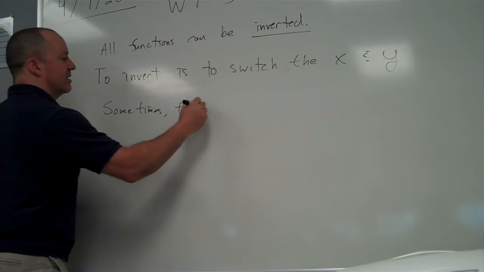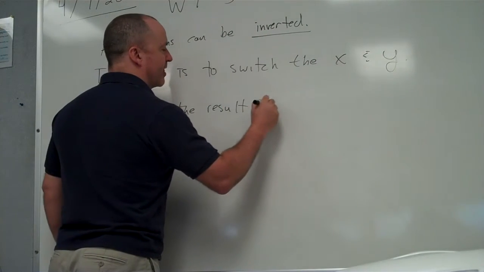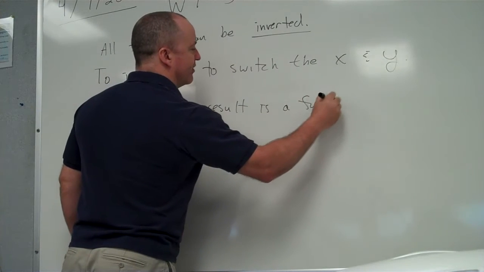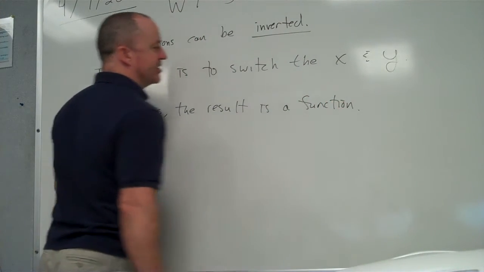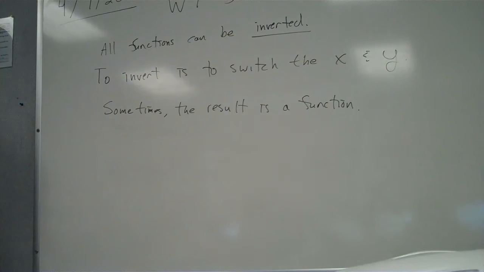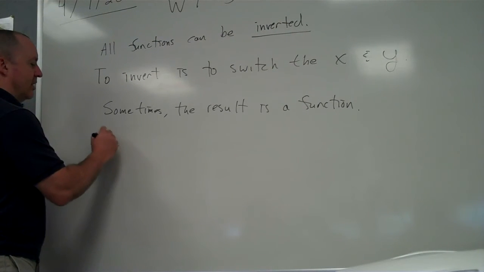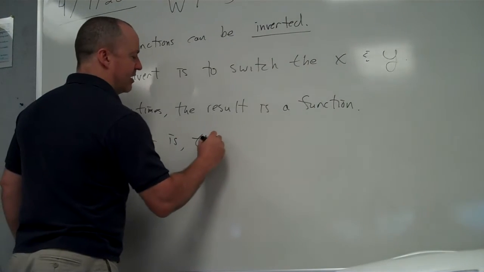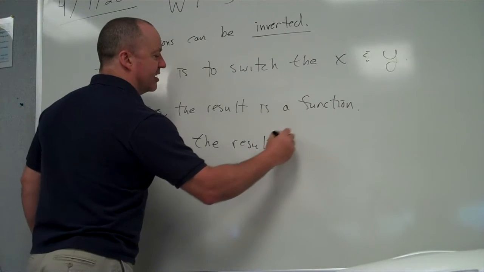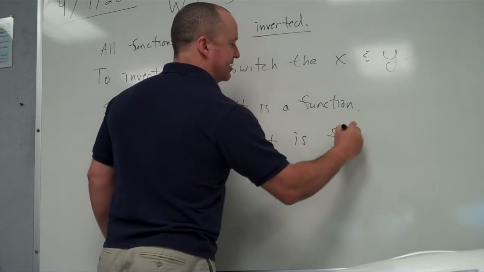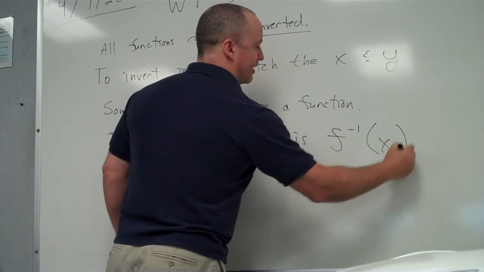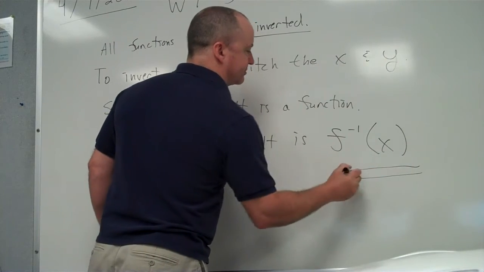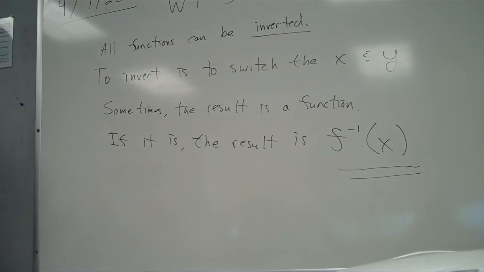Sometimes the result is a function, sometimes not. If it is, the result is f negative 1 of x. That's the notation we use.